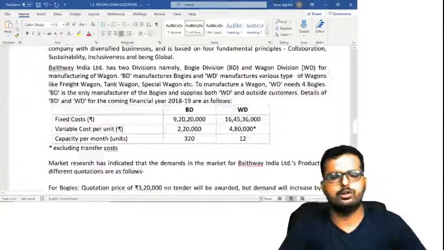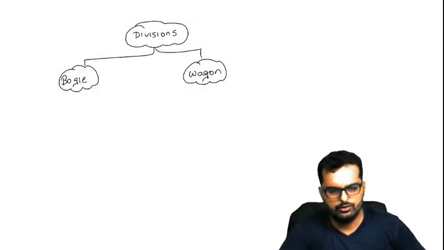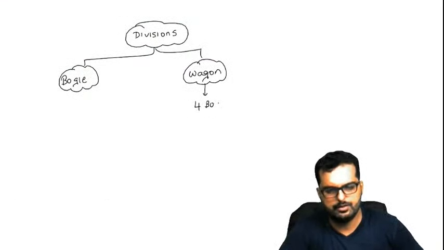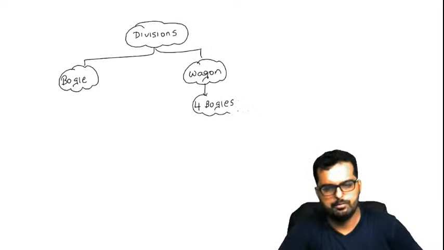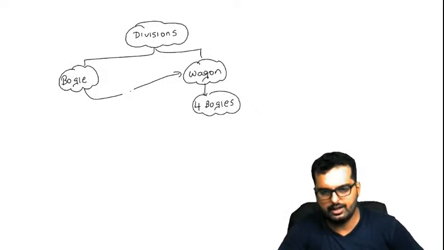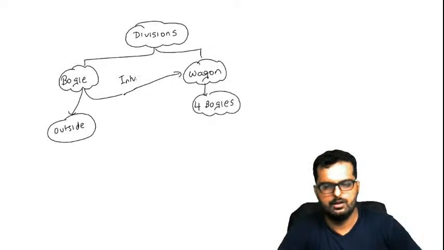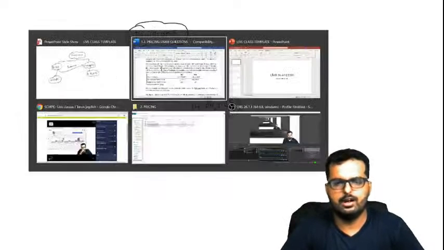VD is the only manufacturer of bogies and supplies to both WD and outside customers. Alright, so for making this we need 4 bogies. Bogie division is transferring in-house as well as outside.